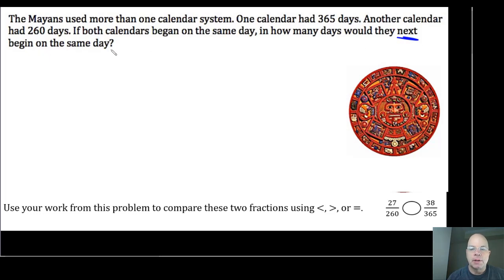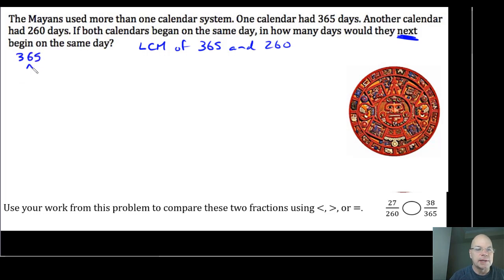So the calendars would repeat, 260 days for one, 365 days for the other, year after year, until after some multiple number of years, they would begin on the same day. We want the next time that would happen, so that would be a common multiple, but the least common multiple of 365 and 260. So let's use our Venn diagram model.